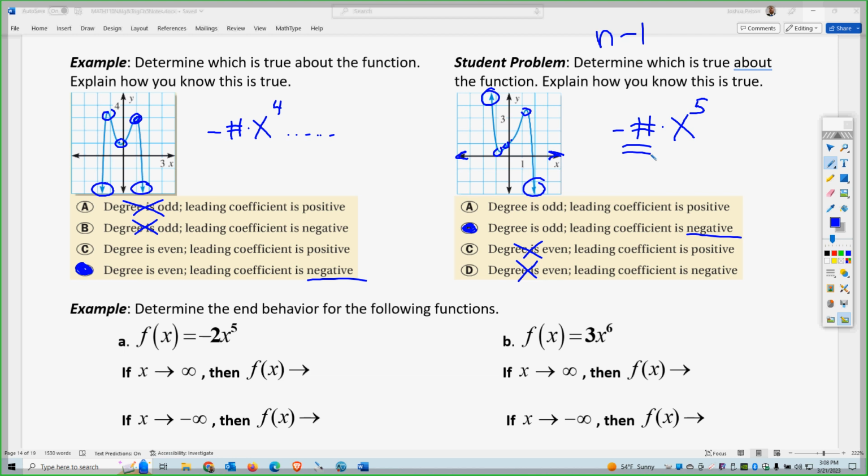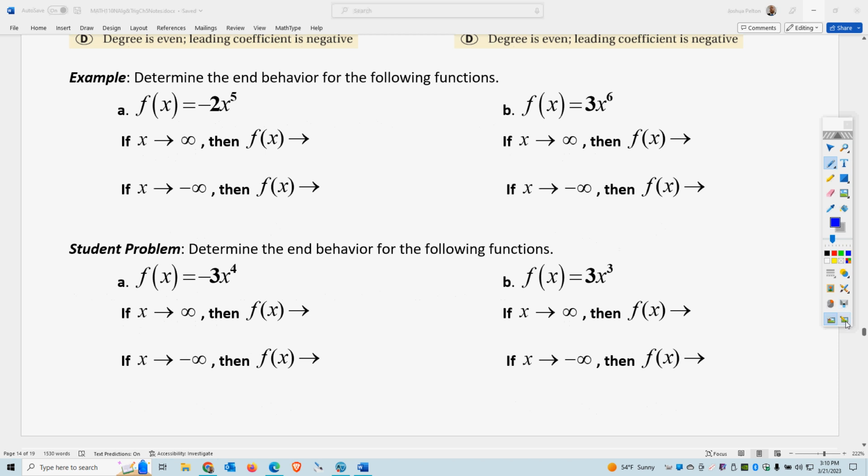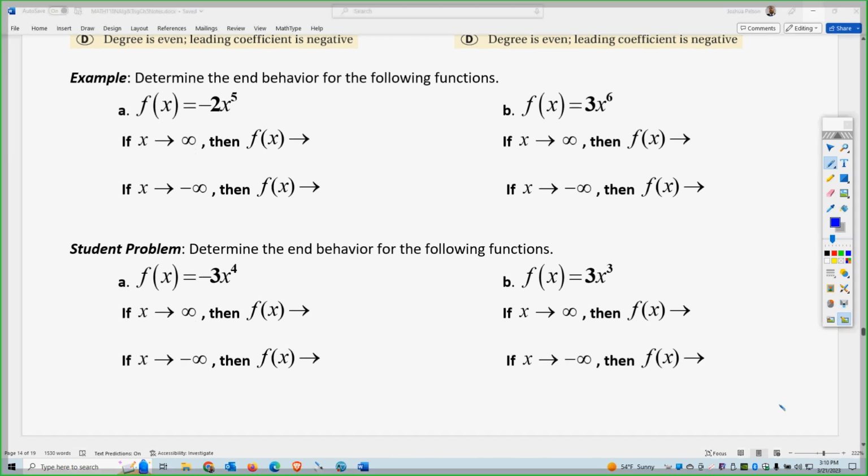Okay, so let's look at some algebraic ones. All right, so negative 2x to the fifth power. So a positive x will end up being a negative answer, and a negative x will end up being a positive answer.